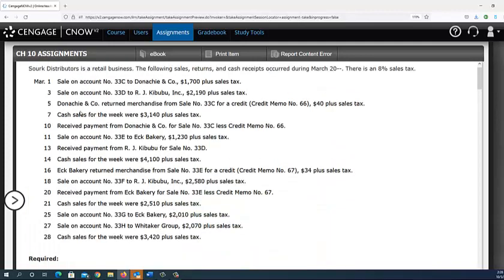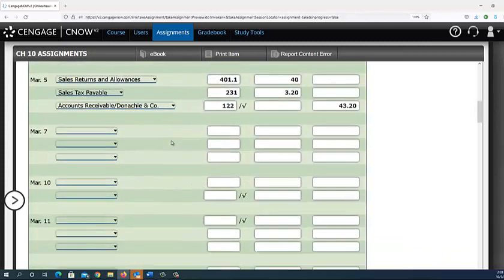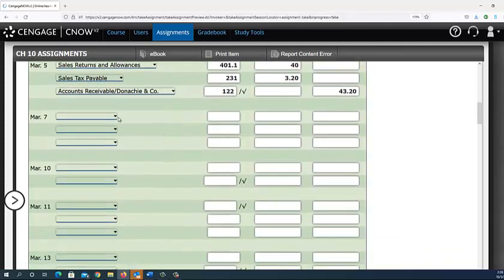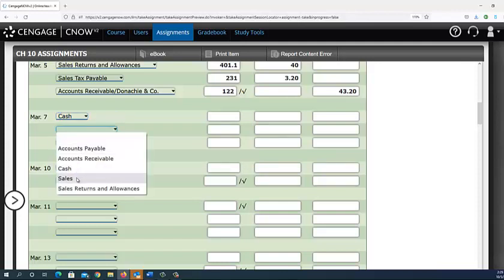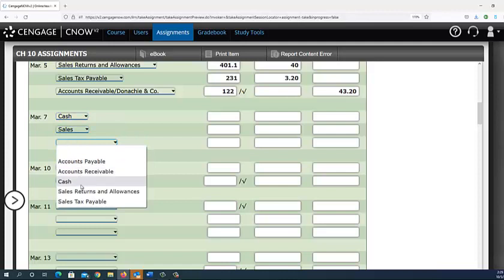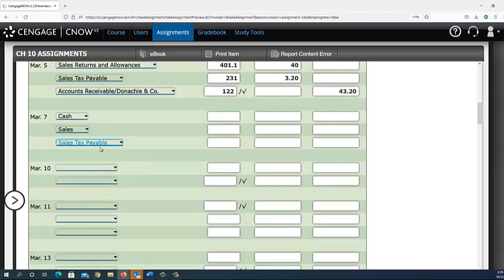So on March the 7th we had cash sales for the week. Okay, so that's $3,140 plus the 8% sales tax. So $3,140 times 8% is $251.20. So I'm going to enter this very similar to the sales transactions earlier. We have cash, sales, and sales tax payable.